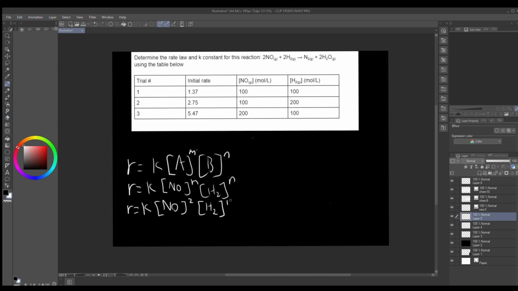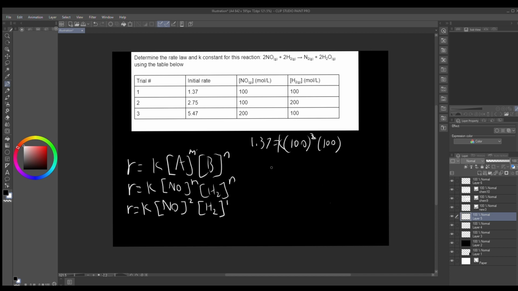So now that we have the rate law, we can easily find the K value. Just plug in a number, and it's done. Let's say we use the initial rate of the first trial. So 1.37 equals K times 100 squared, times 100.